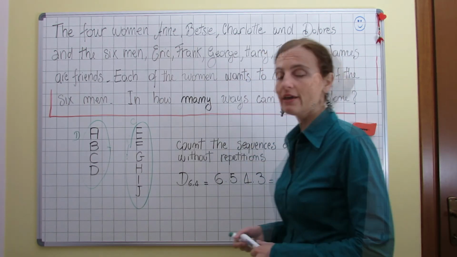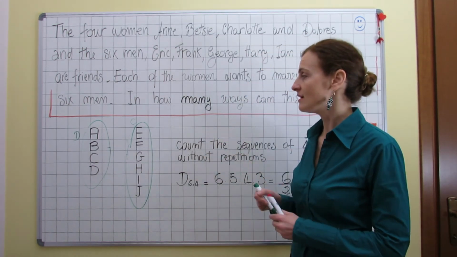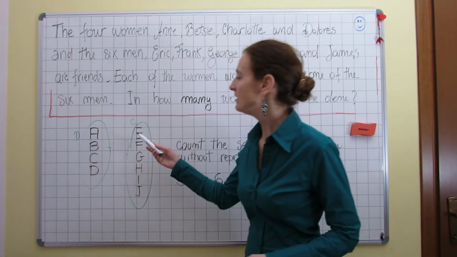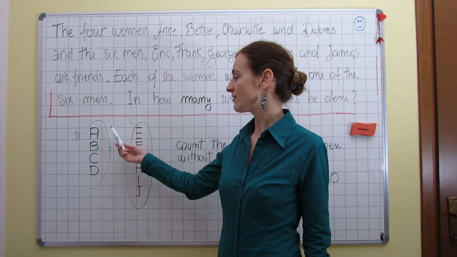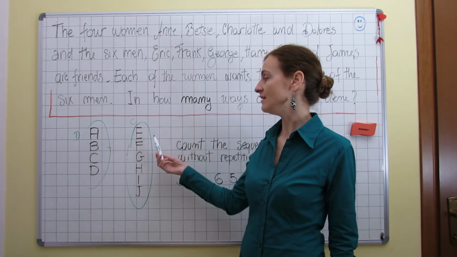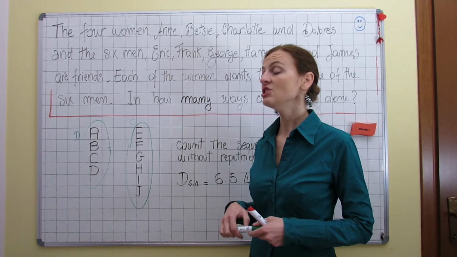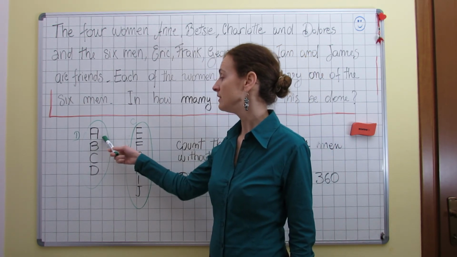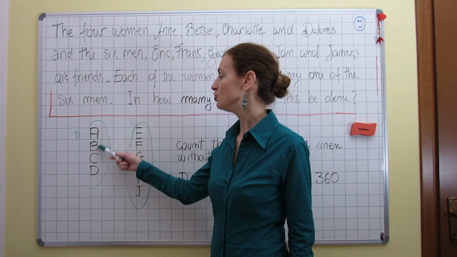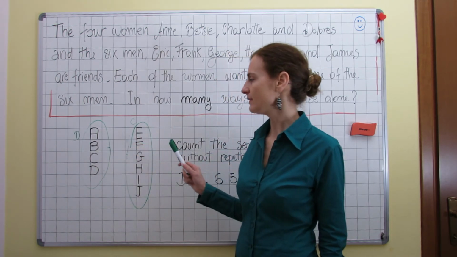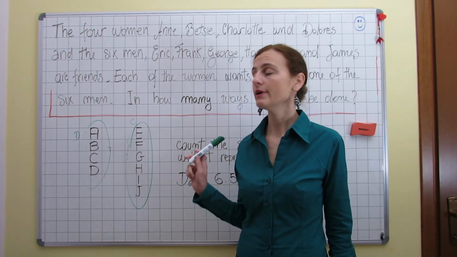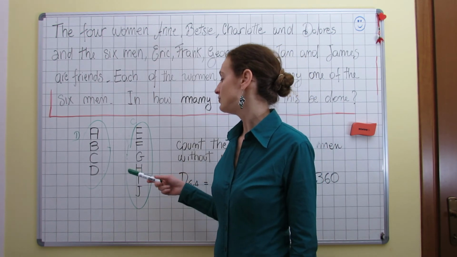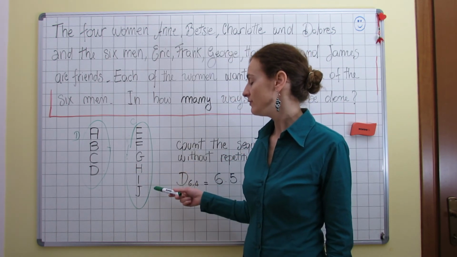Okay, so now in this exercise we are asked how many functions are there from set D to the set C which are also injective, because every woman can marry a man and two women will not marry the same man. Look out, we are not asked that the function should be surjective.